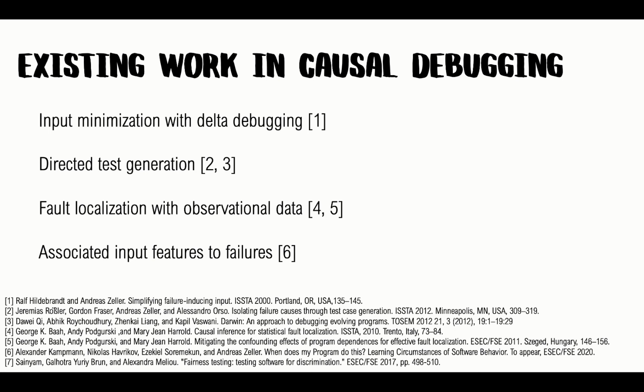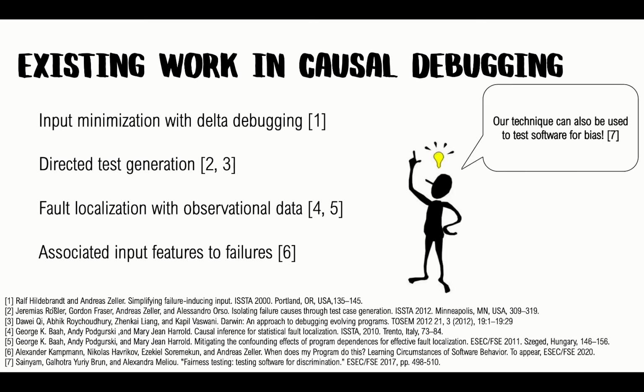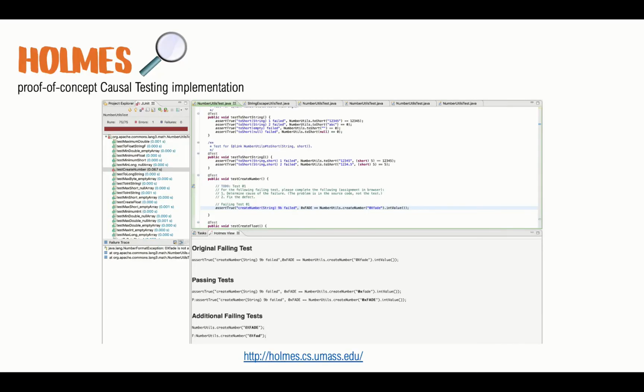In contrast to existing work, causal testing generates new inputs and tests using a manipulationist approach to find executions similar to the original failing. Causal testing can also be used to test software for bias by seeing if, for example, changing gender or race changes outcomes. To evaluate our technique, we developed a proof of concept implementation called Holmes.